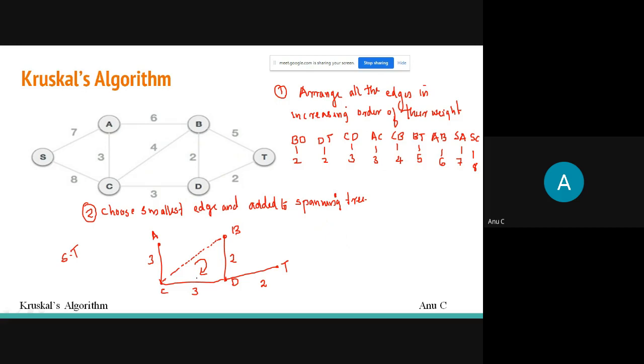So we know that this is a spanning tree. It does not contain any cycle. So discard this edge. That is, it is not added here. So I'm just erasing this edge.